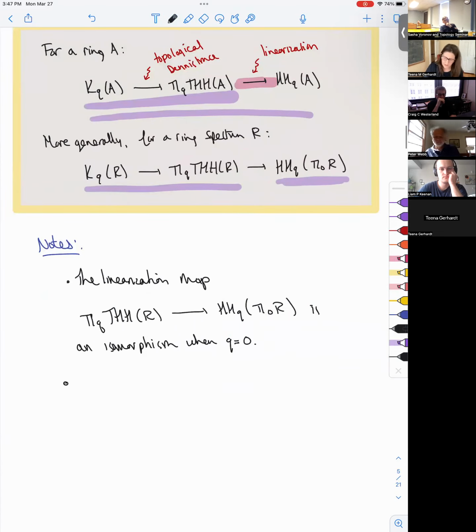And my second note is that one relationship between Hochschild homology and topological Hochschild homology is that they're related via this linearization map.